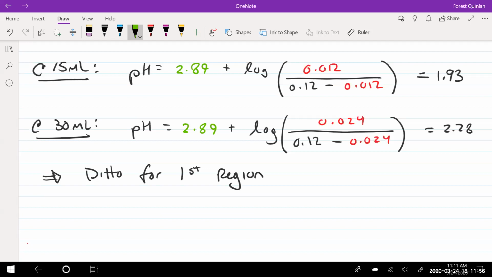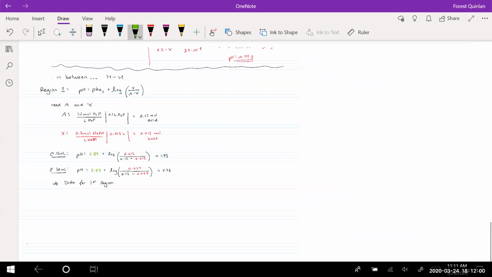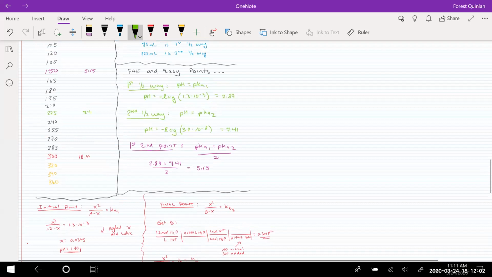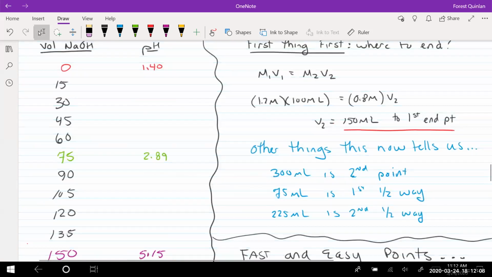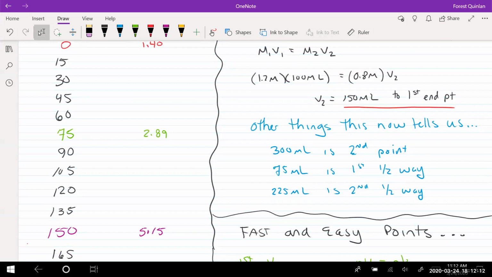Okay, so I'm going to go ahead and zoom out, and I'm going to start writing these things in. And Dallas is going to start typing out all those numbers for me. So 15, 1.93, I think?